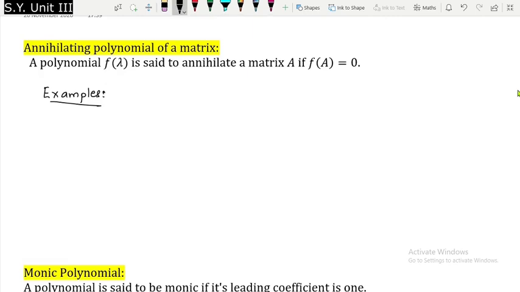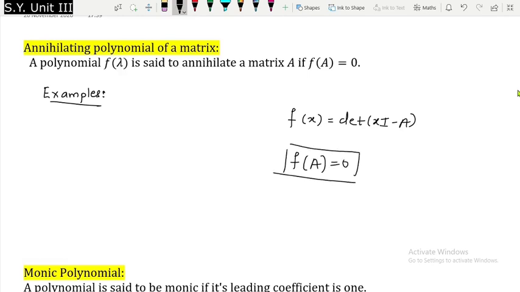So what is actually happening there? Whenever we think of a characteristic polynomial, it is given by determinant of xI minus A. By the Cayley-Hamilton theorem, the matrix is satisfying this polynomial, meaning we have f of A equal to 0. So the meaning is that the characteristic polynomial is annihilating the matrix A.